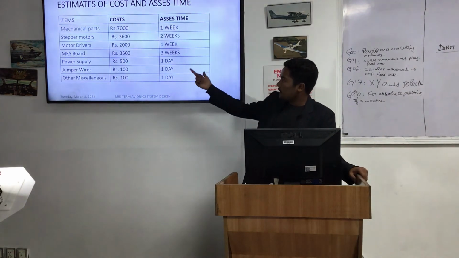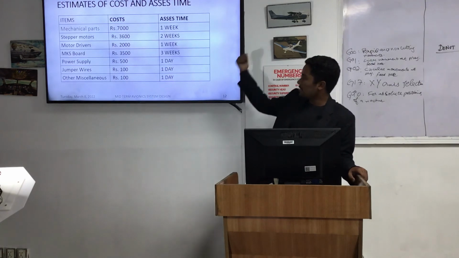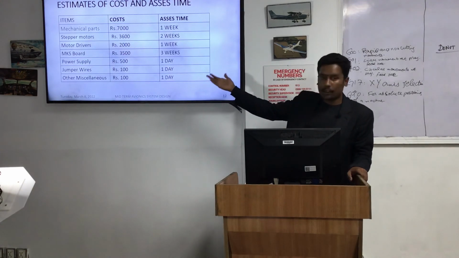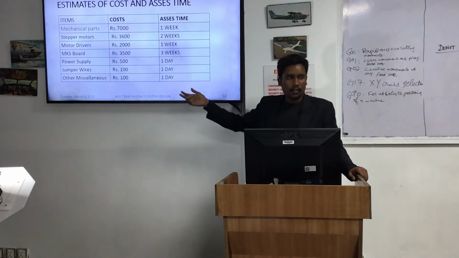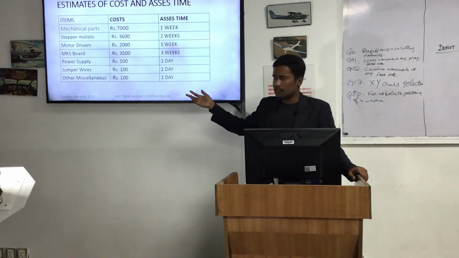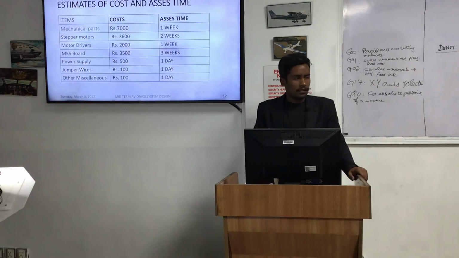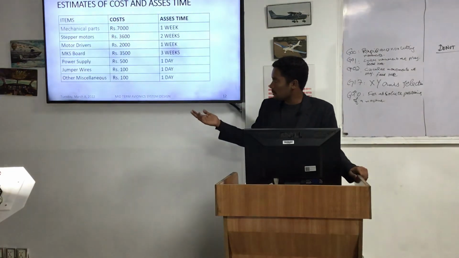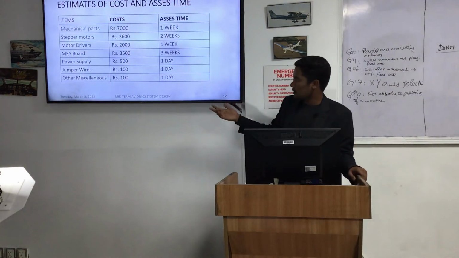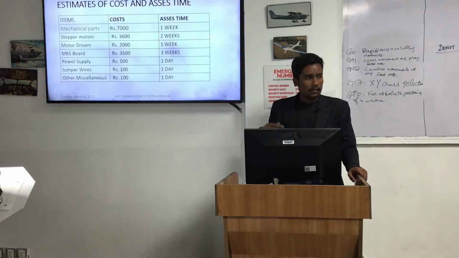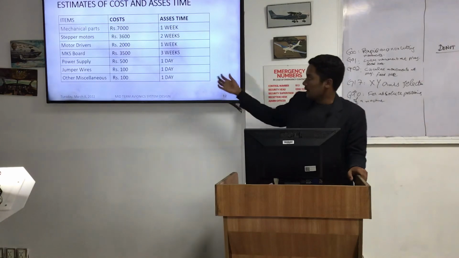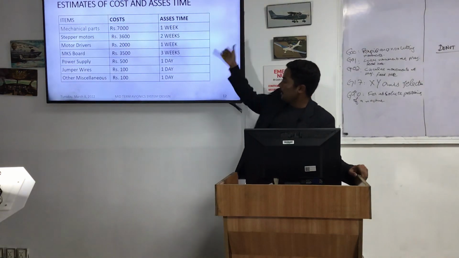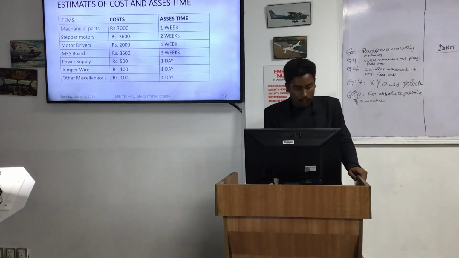Then power supply rupees 500, SS time 1 day, jumper wires rupees 100, SS time 1 day, and other miscellaneous including limit switches etc. are rupees 100 and SS time is 1 day.